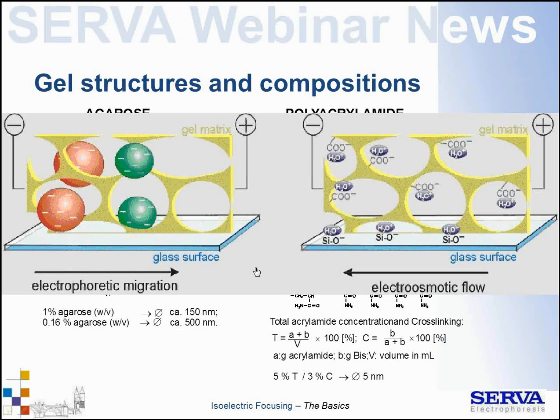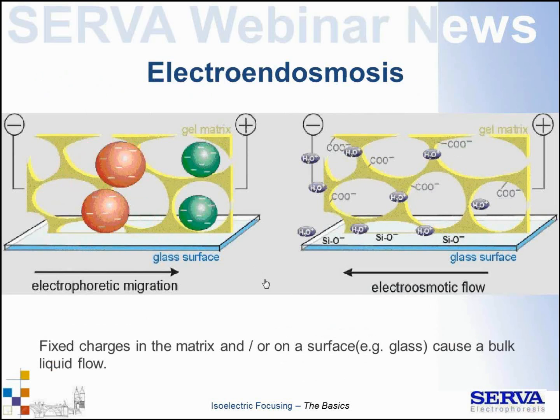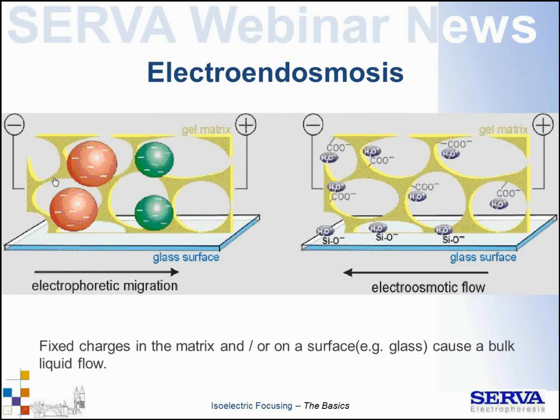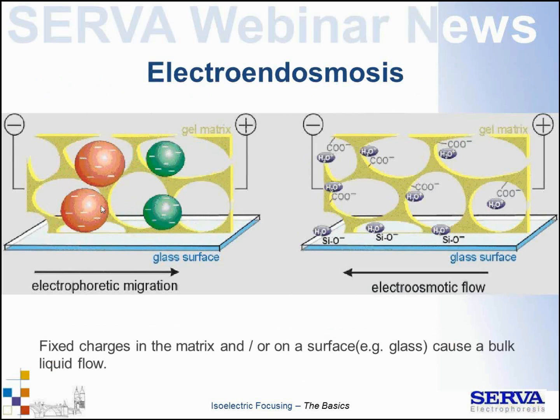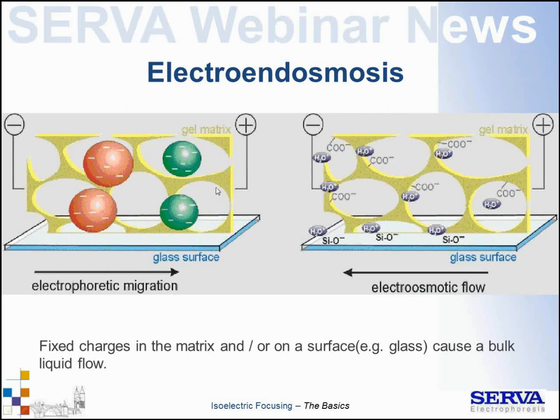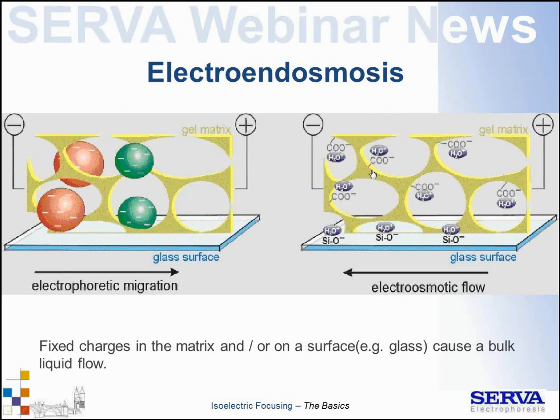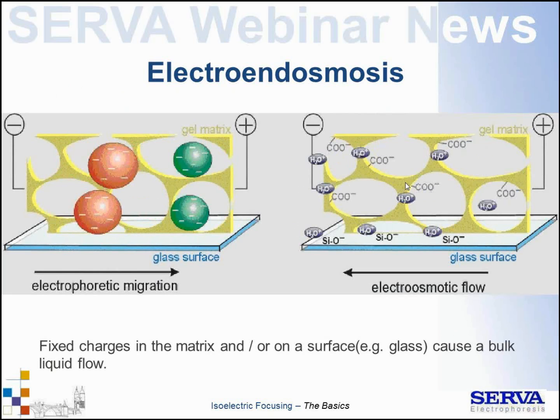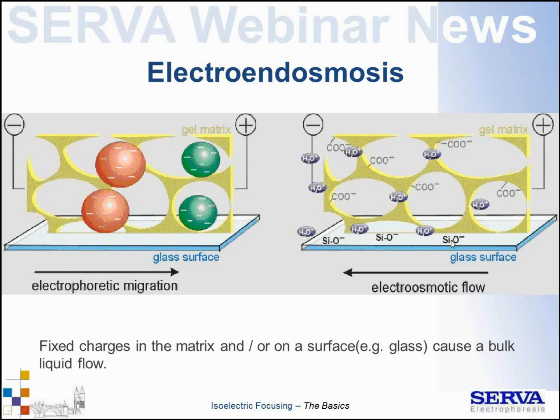On the left you see electrophoretic migration of charged molecules through a gel matrix, agarose or polyacrylamide. But on the right you see an effect which is called electroendosmosis, and it comes when charged groups are fixed on the surface of glass, for instance, and in the matrix.